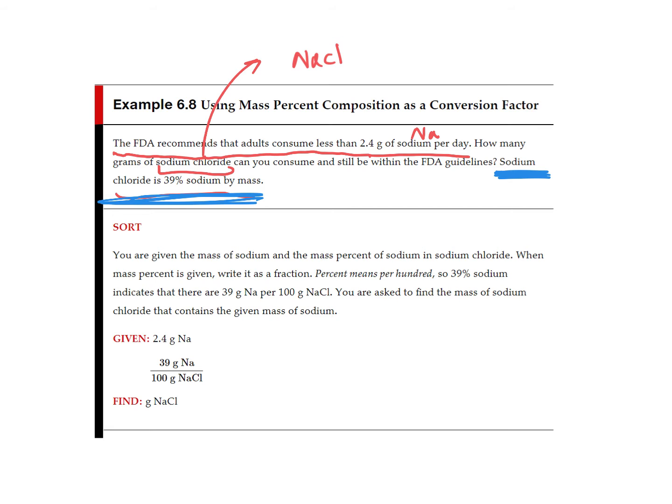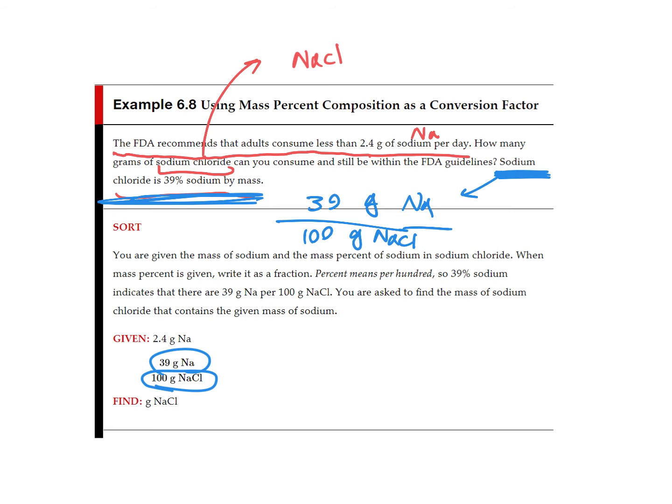100 grams, there's 39 grams of sodium. Exactly. If you have 100 grams of NaCl, 39 grams of that would be sodium. So this sentence means, if you have 100 grams of your salt, your ionic compound, 39 grams would be Na, right?